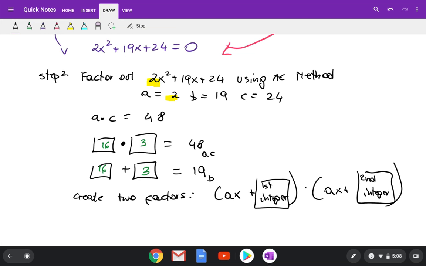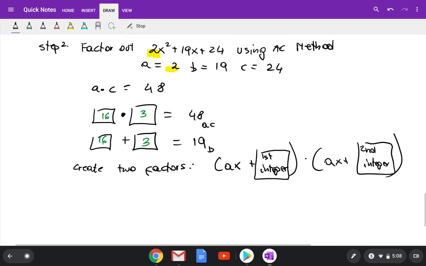In our case, a is equal to 2. So we're going to have 2x plus 16, because that was our first integer, times 2x plus 3.